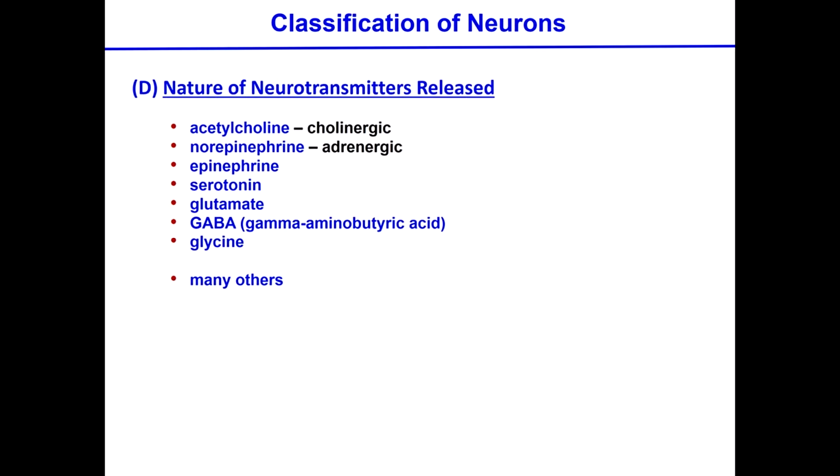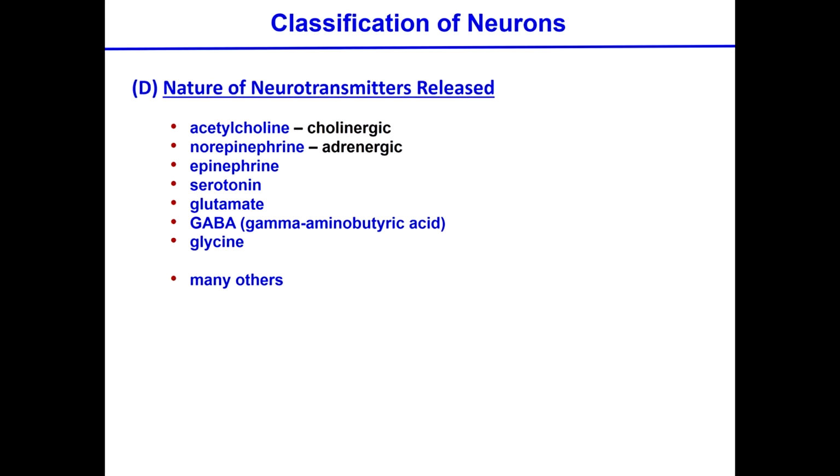We could also talk about different kinds of neurons with regard to the type of neurotransmitters they produce. There's a variety of them. There are many more. I want to emphasize this slide is by no means trying to be comprehensive. These are some of the most important ones: acetylcholine, norepinephrine, epinephrine, serotonin, glutamate, GABA, which is easier to say than to say the entire name of the particular compound, and then glycine and others.